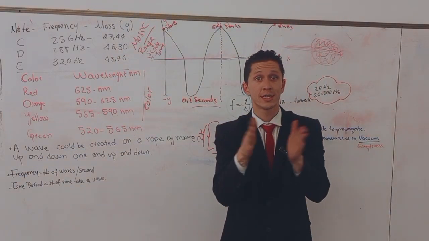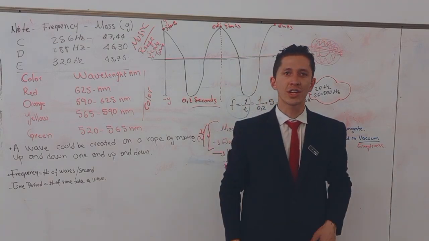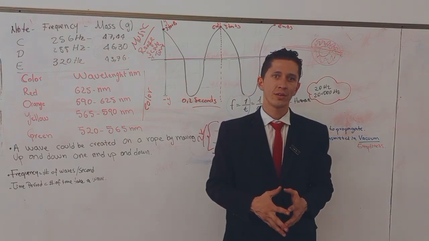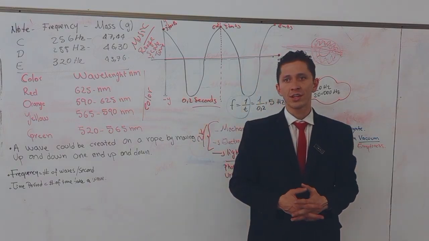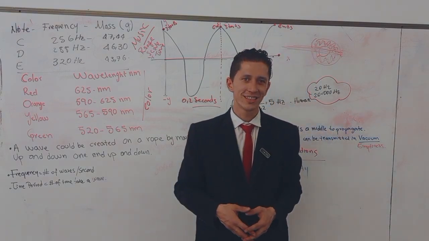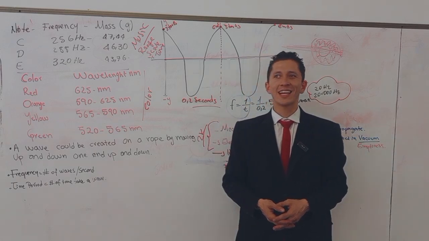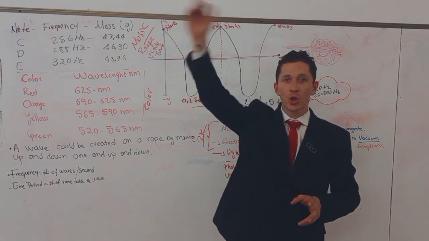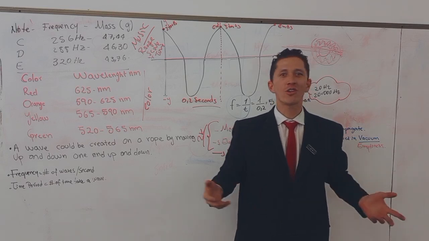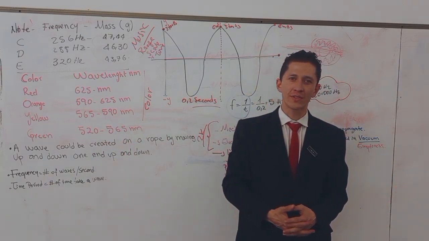When you do this, mechanical wave. When you connect to the internet, electromagnetic wave. When you connect something using Bluetooth, electromagnetic wave. When you are sending data, electromagnetic waves. When you are using the microwave, electromagnetic waves.